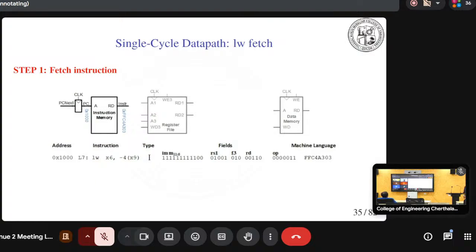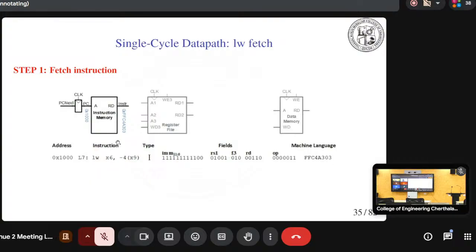If the address is 1000, my program will start there. So at address 1000, from the instruction memory, it will fetch the load instruction, and the machine code for the load instruction is FFC4A303.